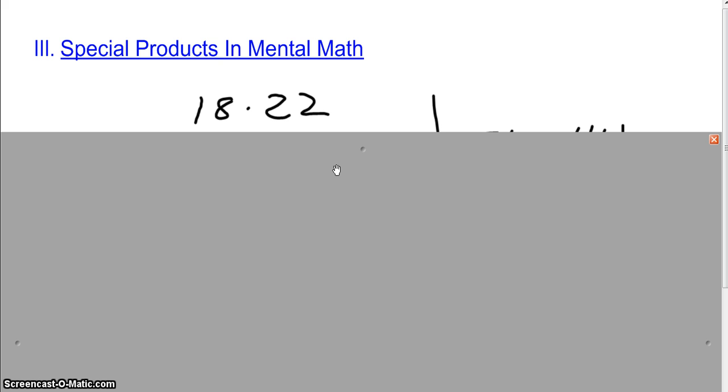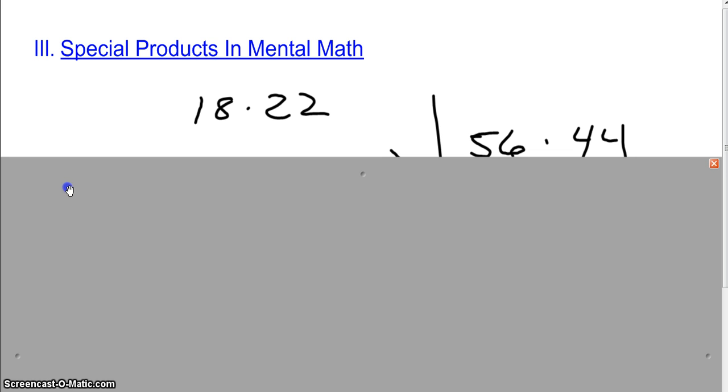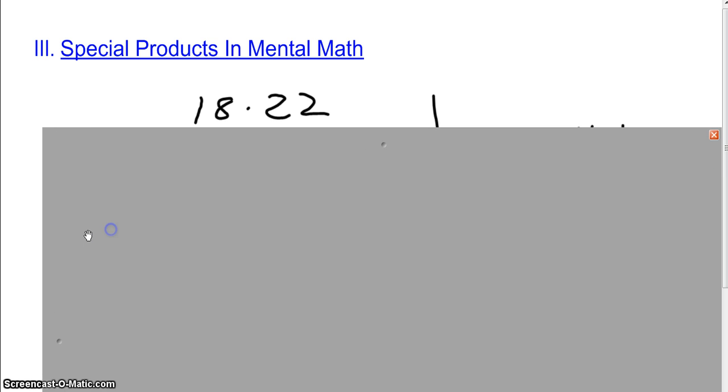So we could write 18 as 20 minus what? 2. So 18 is 20 minus 2, and 22 is what? 20 plus 2. And here's our sum and difference pattern.